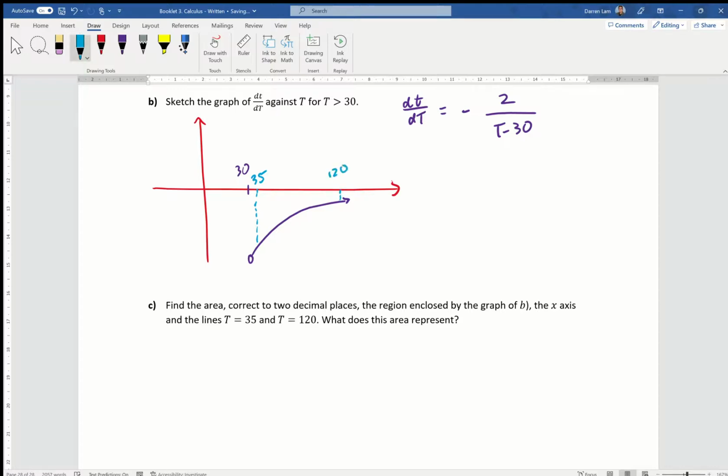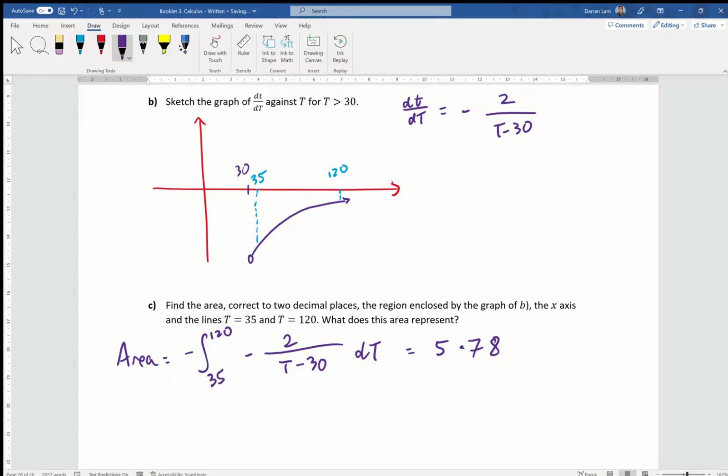Of course, it's not to scale, but it'll do for now. The area is going to be given by area equals a negative, because it's under the graph, integral from 35 to 120 of our function, negative 2 over t minus 30 dt, which I've just put in the calculator, which gives us an answer of 5.78.